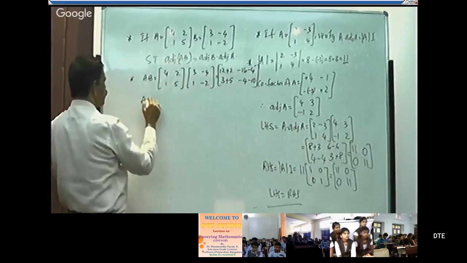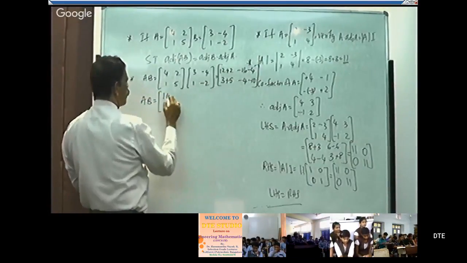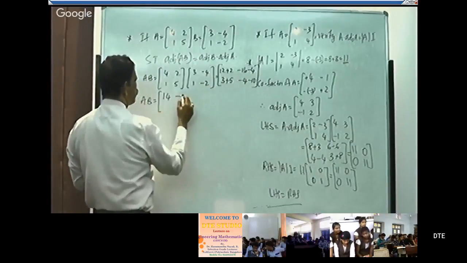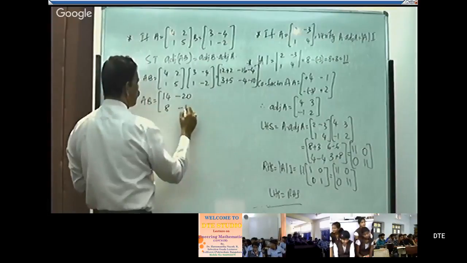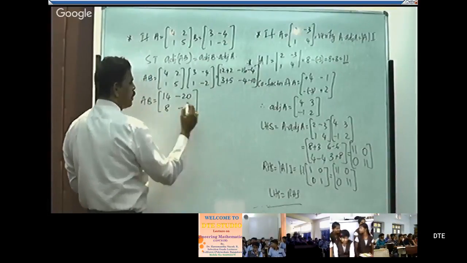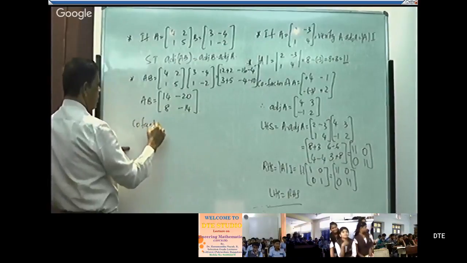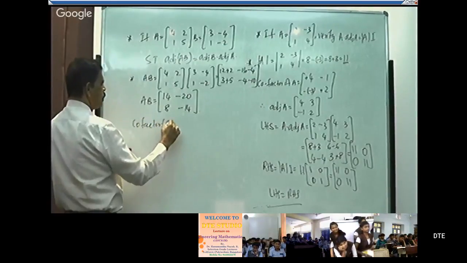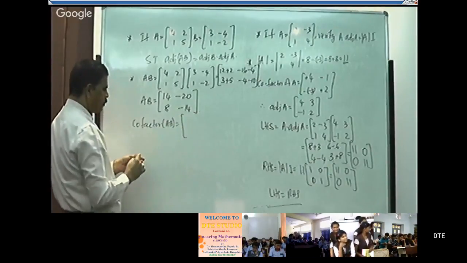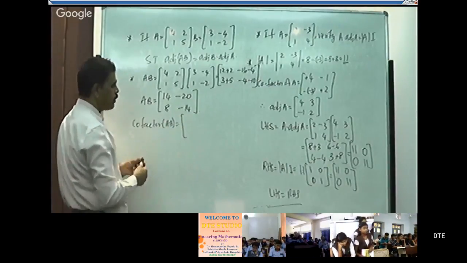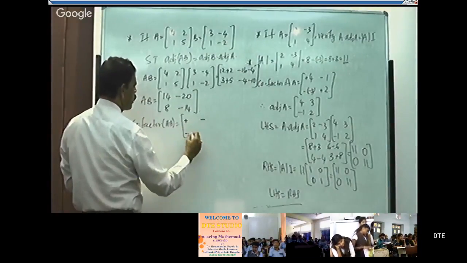Hence, AB is equal to [14, -20; 8, -14]. It is AB. Write the cofactors. Cofactor of AB is equal to, while writing cofactor, we should use the standard sign, that is plus, minus, minus, plus.